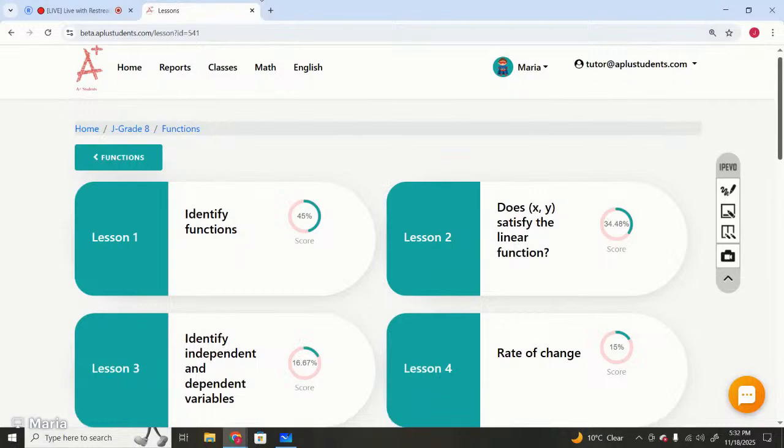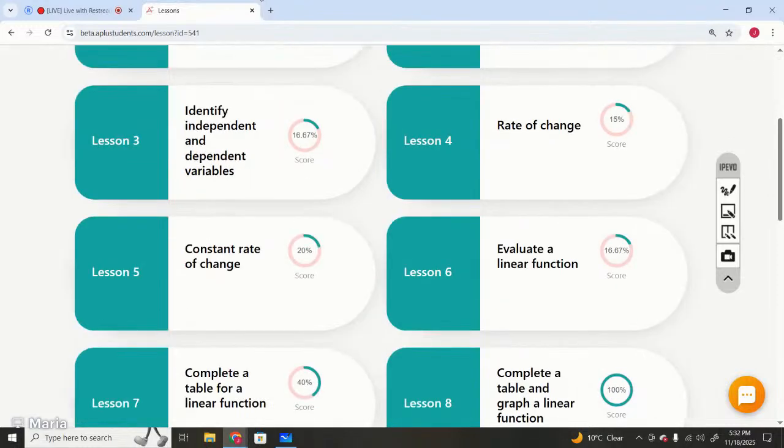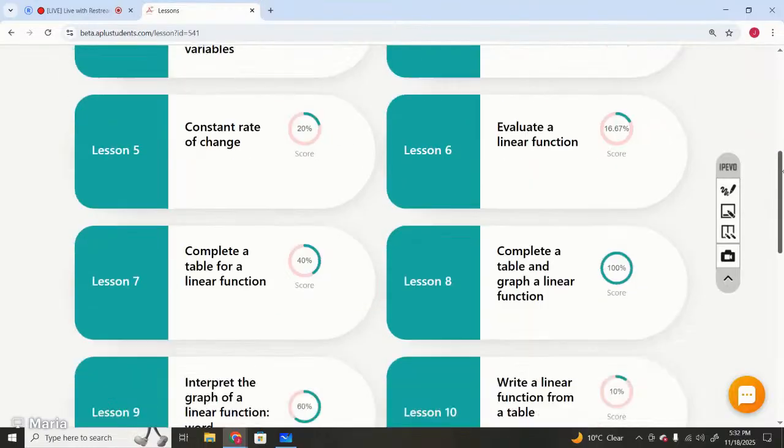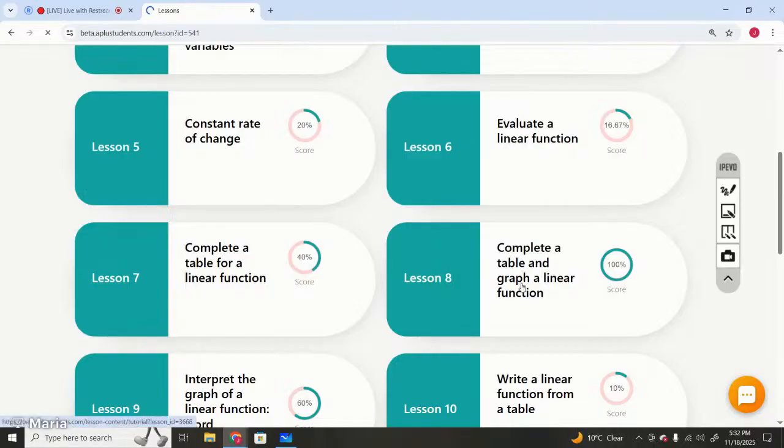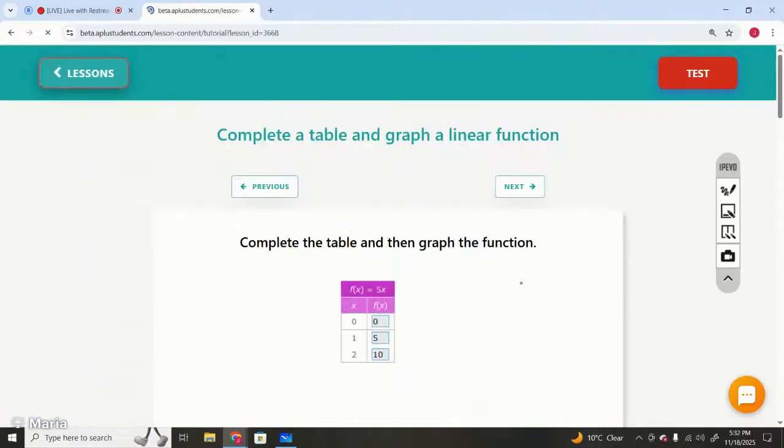The next lesson is complete a table and graph a linear function. Complete the table and graph the function.